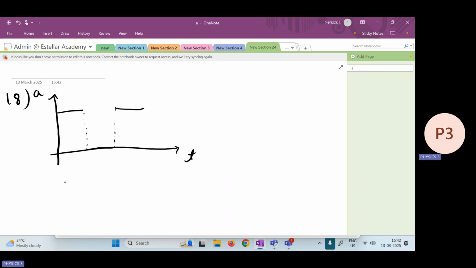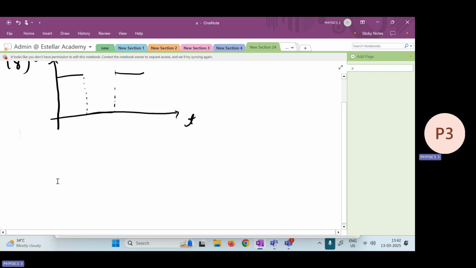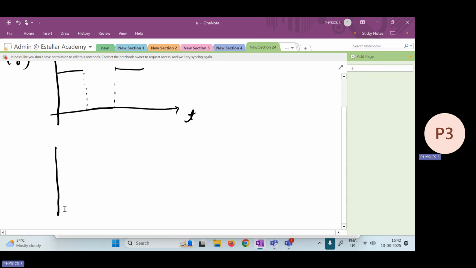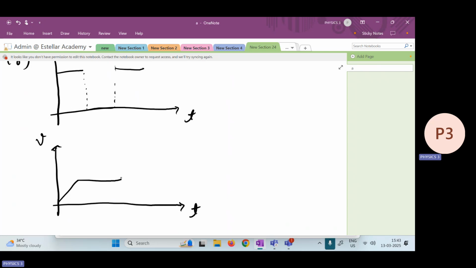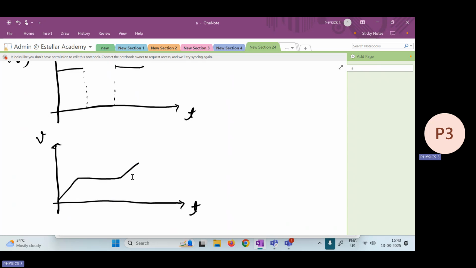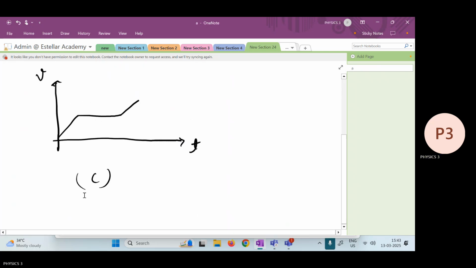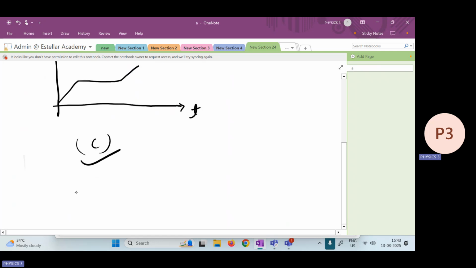So as we can see in the AT graph, the first slope is positive and constant, then it is 0, then again it is positive and constant. So the VT graph would be like this. First slope is constant and positive, then slope is 0, then again it is positive and constant. So the graph will look like this. So C option would be the correct answer, right?